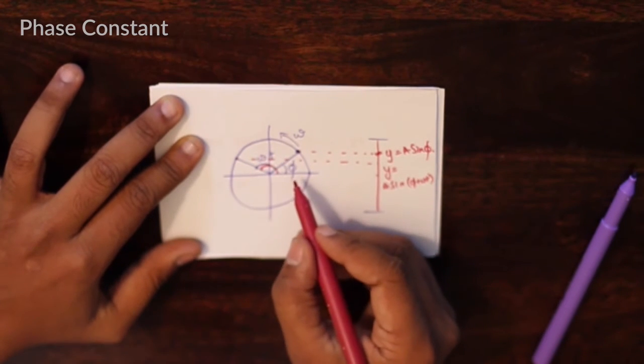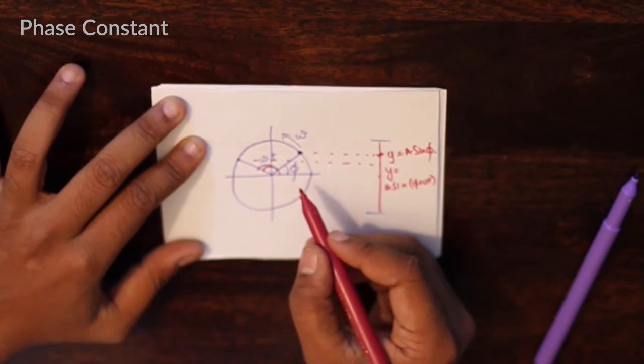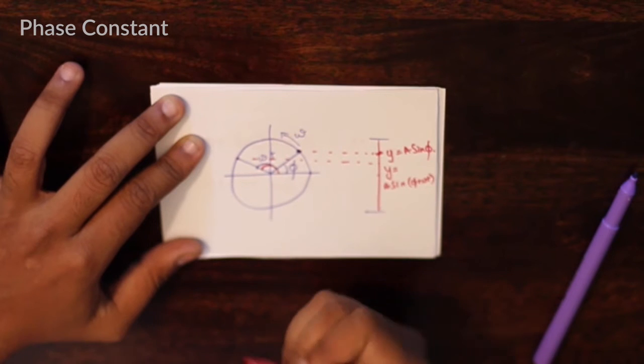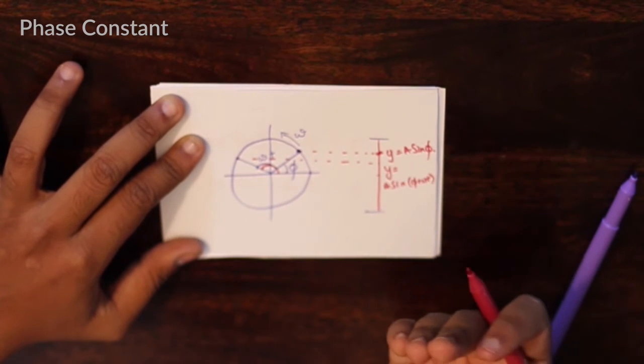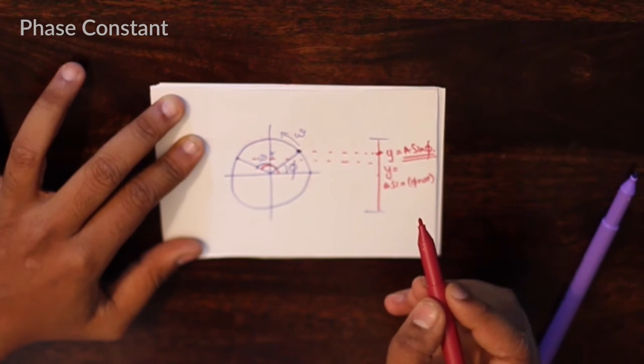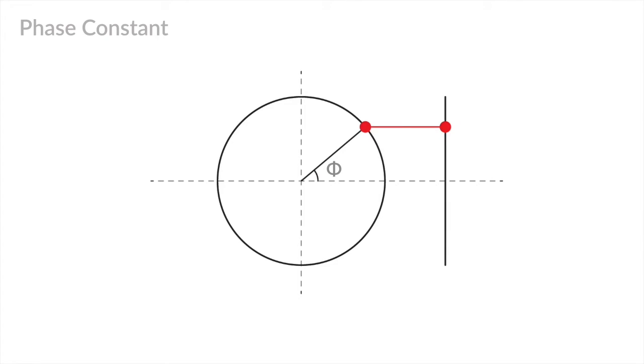So what the phi, the phase constant, indicates is we started our clock when a phase of phi has already been executed. The body is away from the mean at a distance of a sine phi. So that's what we see here.